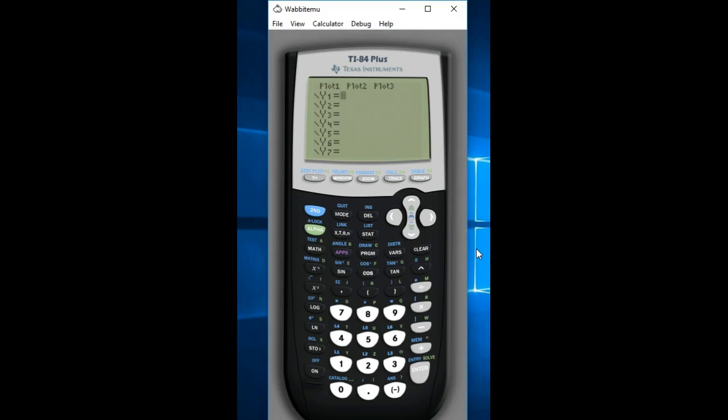It won't actually put the exponent in an exponent spot. I don't have to put y equals or the equals 0, since the screen already has y equals, and the equals 0 is being replaced by y equals.